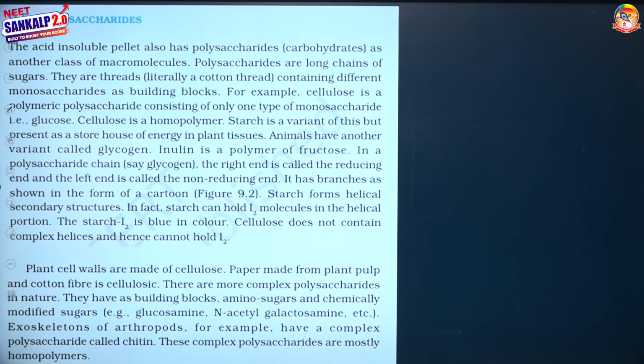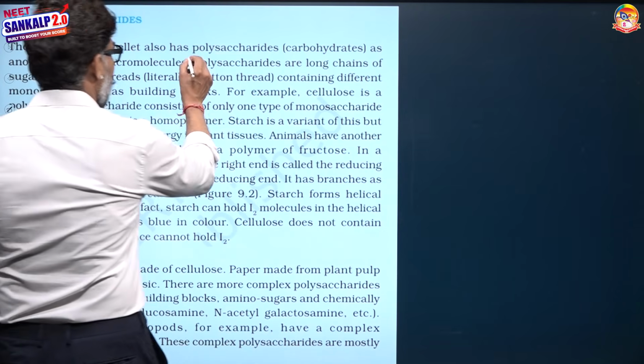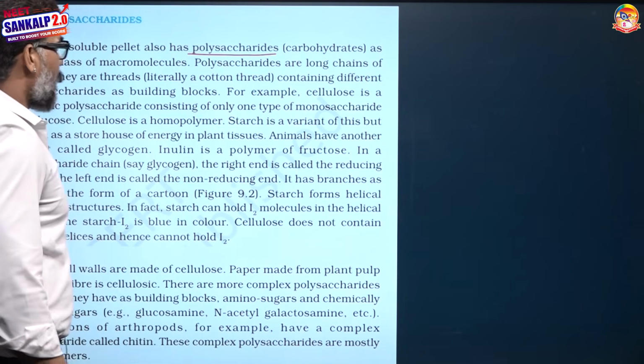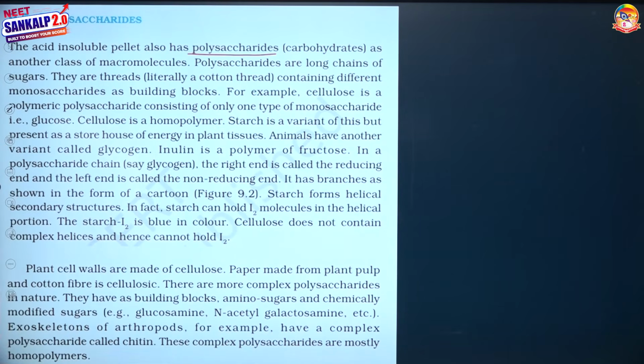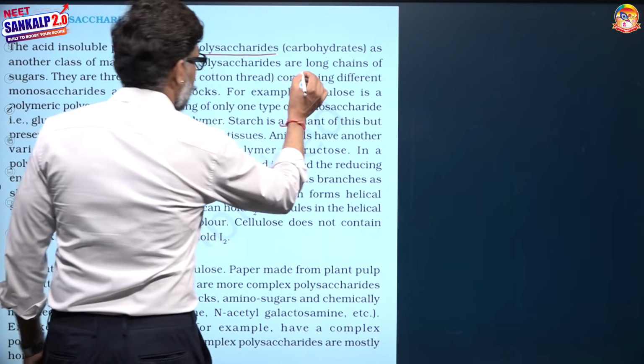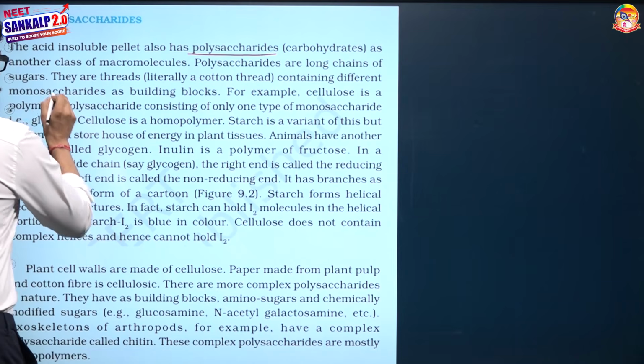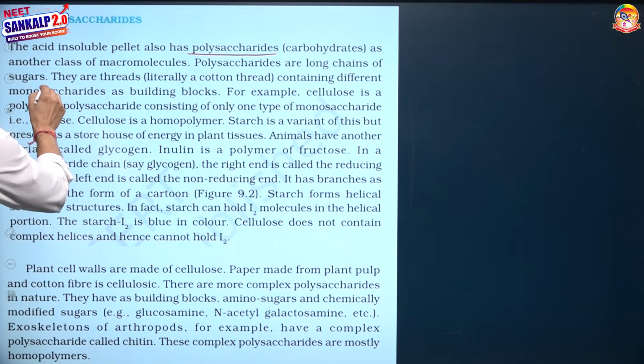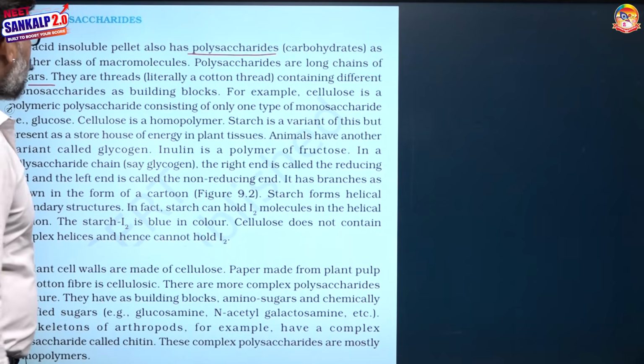Then polysaccharides. The acid insoluble pool, besides polypeptides, has polysaccharides, that is carbohydrates, as another class of macromolecules. Polysaccharides are long chains of sugars, that is, sugars are the monomer. They are thread-like structures containing different monosaccharides as building blocks.